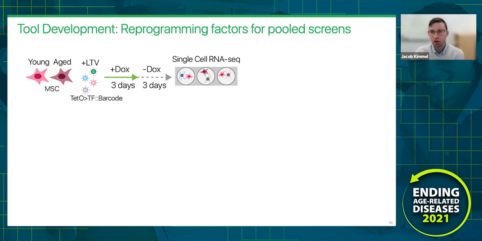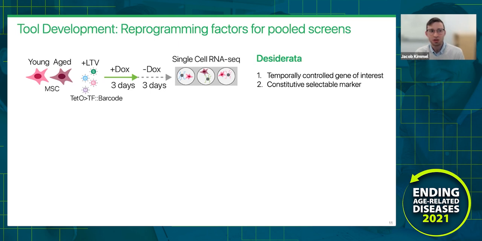So in order for this to work, we actually have a few competing desires for our molecular biology. We need these genes to be temporally controllable so we can turn them on and off. We need a constitutive selectable marker so we can sort the cells that get infected. And we need to have some way to detect them with RNA-seq.